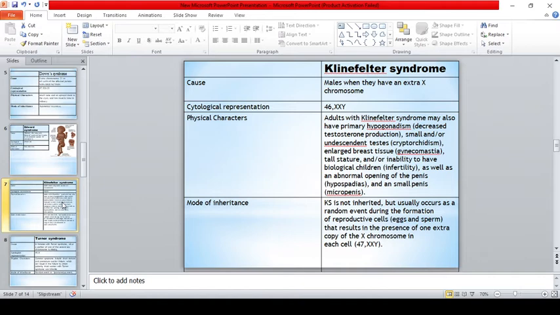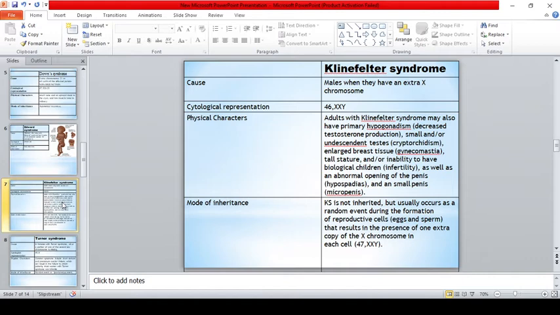The next physical character is tall stature and inability to have biological children, that is, they may be infertile, as well as an abnormal opening of the penis, which is known as hypospadias, and a small penis, which is known as micropenis.